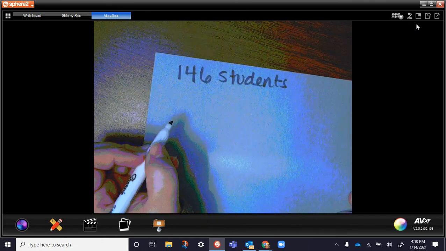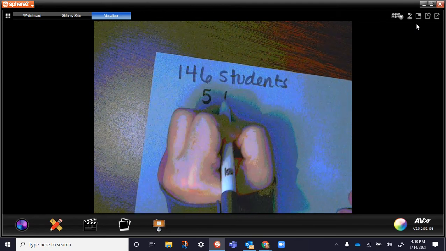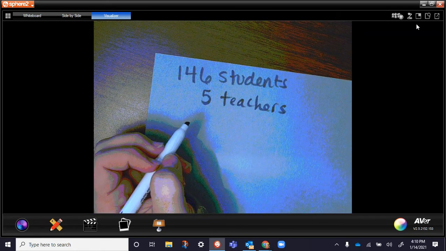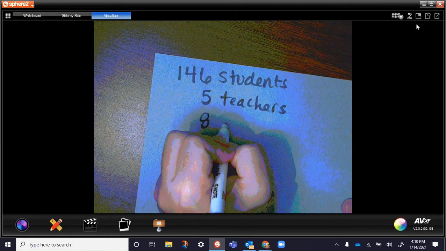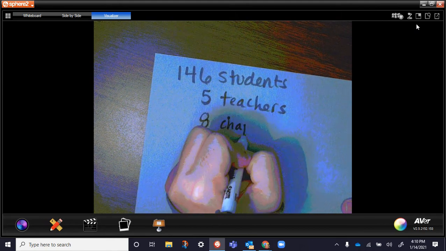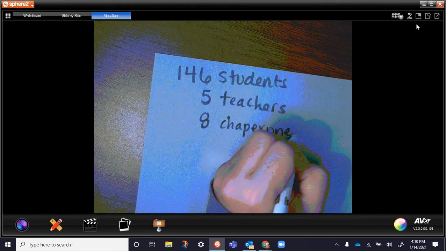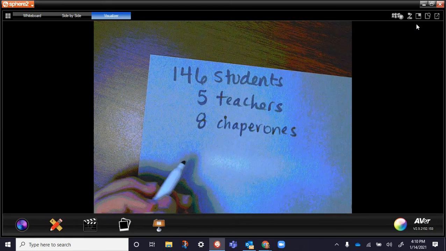There are 5 teachers. And there are 8 chaperones. So maybe some parents or something like that, some aunts or uncles or who knows, extra people. All right, so all these people are going to the theater.